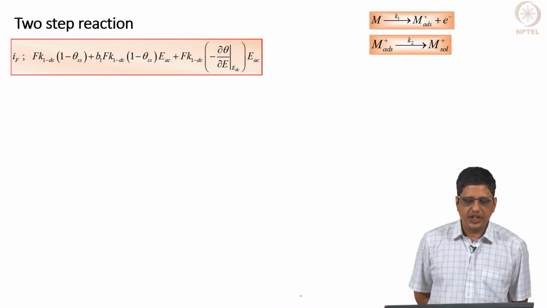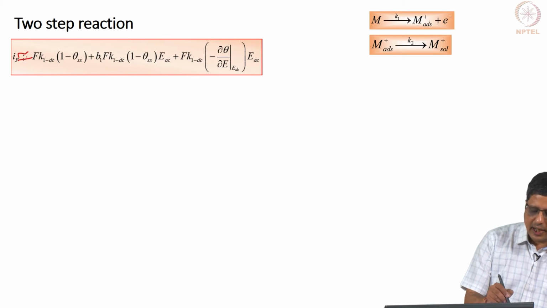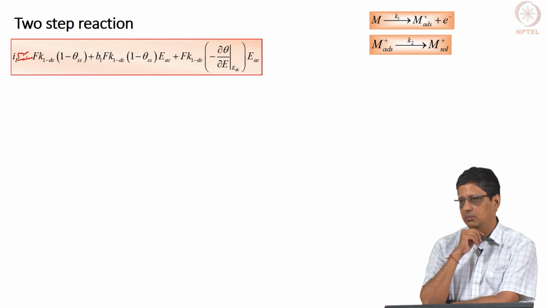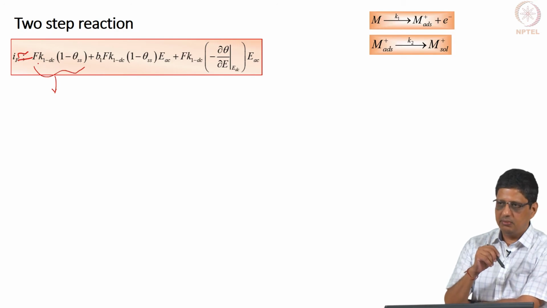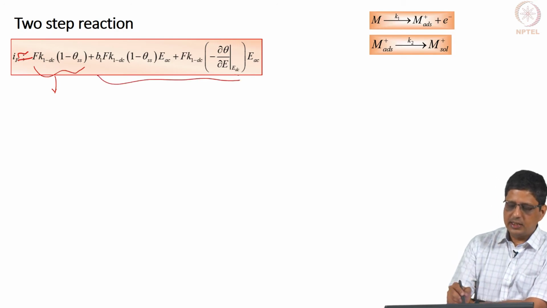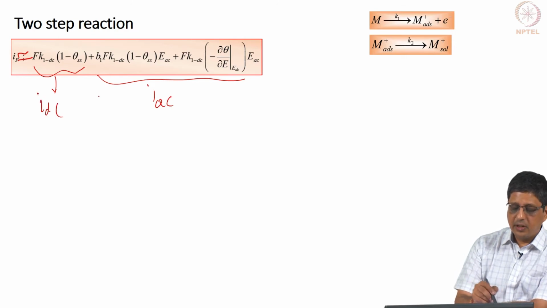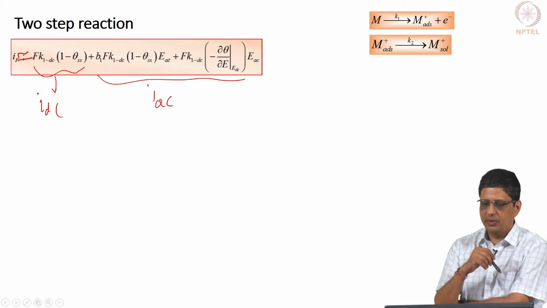So, for this reaction, with linearization, I can write the Faraday current as this. I am going to call this the DC, meaning it depends only on the DC potential, it does not depend on AC. This is the AC component, which of course depends on the DC potential as well as on the AC.